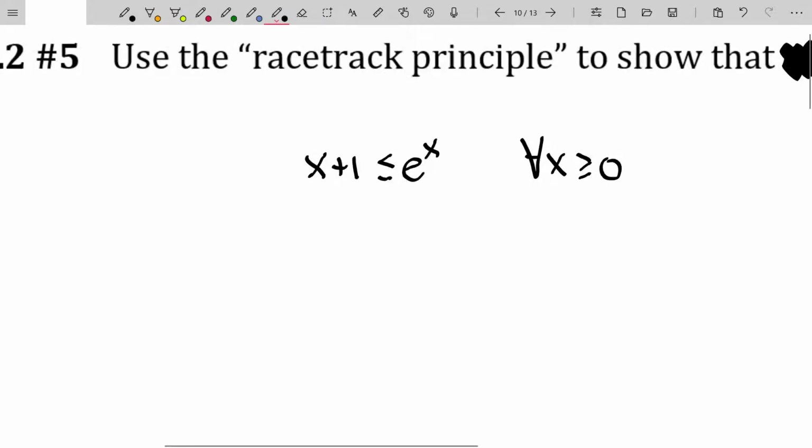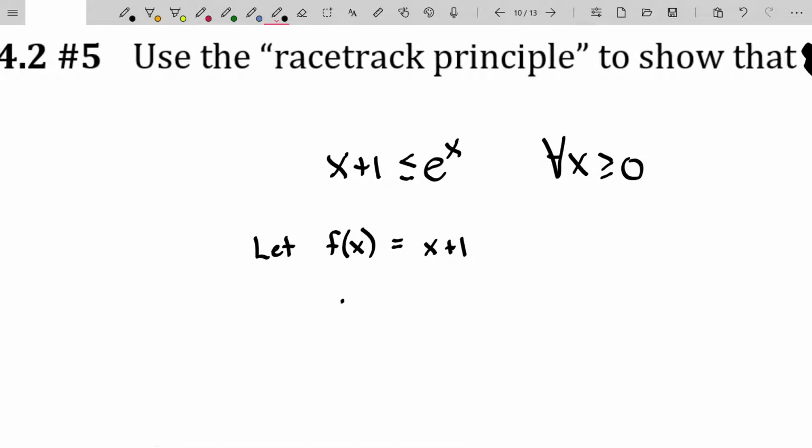So here's how you do this. You're going to let f of x equal x plus 1 and g of x equal e to the x. Now, to use the racetrack principle, it's like the mean value theorem, because you had to use the mean value theorem to prove it. So you need these functions to be continuous and differentiable.